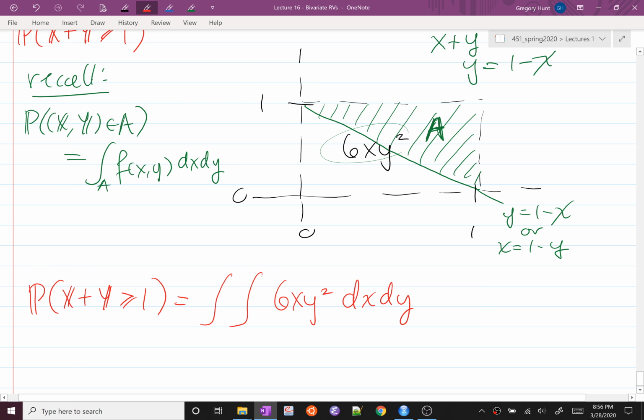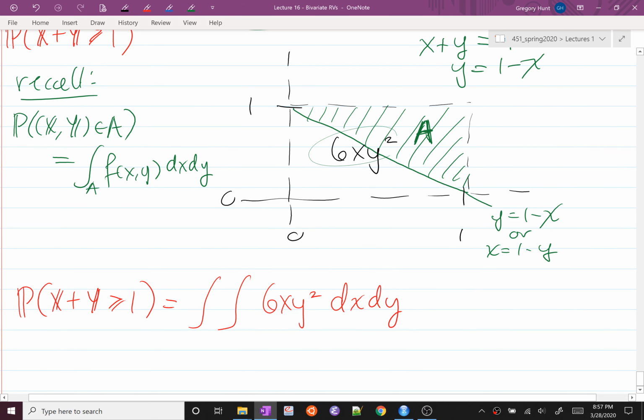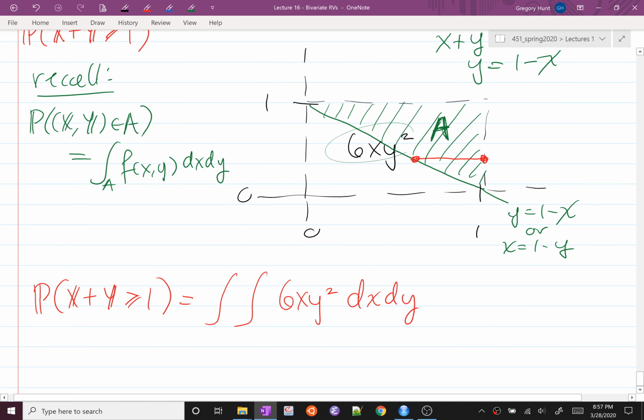So we take slices like this. I fix my y value, take a slice like that and integrate with respect to x. This value here is obviously 1 on that side. And the value of x at this point has to be equal to 1 minus y. And so I go from 1 minus y to 1.